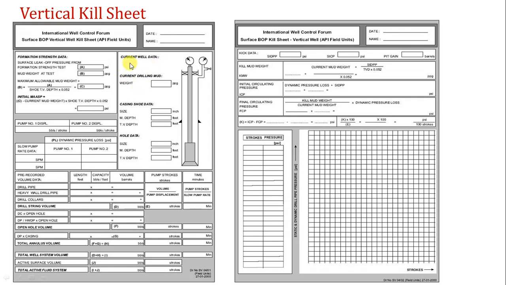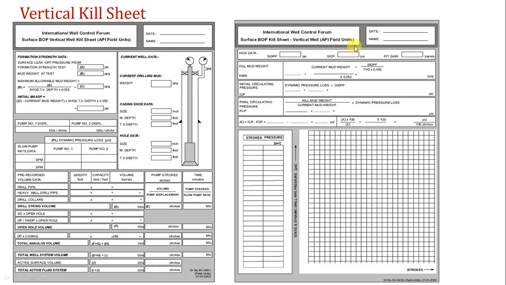First of all, this is the current well data. Okay, let's go with an example so you can review the kill sheet. Here is the data of the pumps that will be used. Here is the mud data. Here is the data of the well. Here are the length, the capacity, the volume, and the strokes.